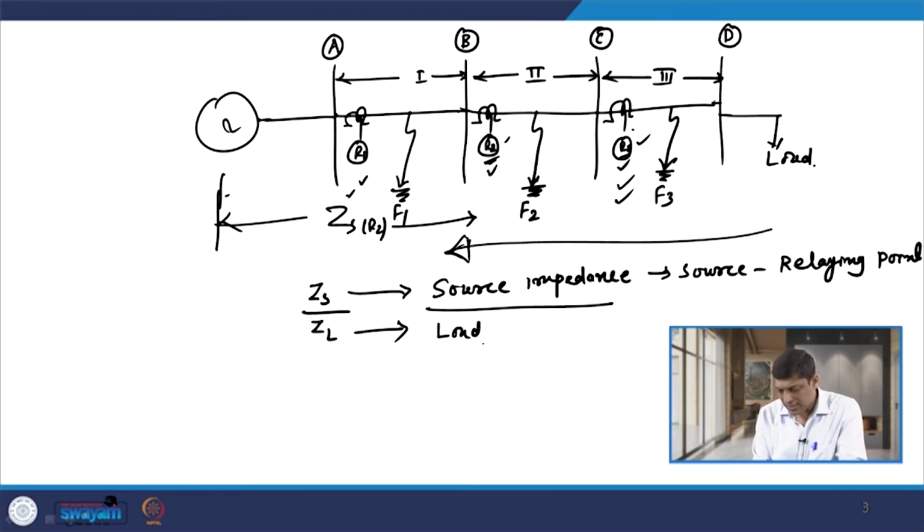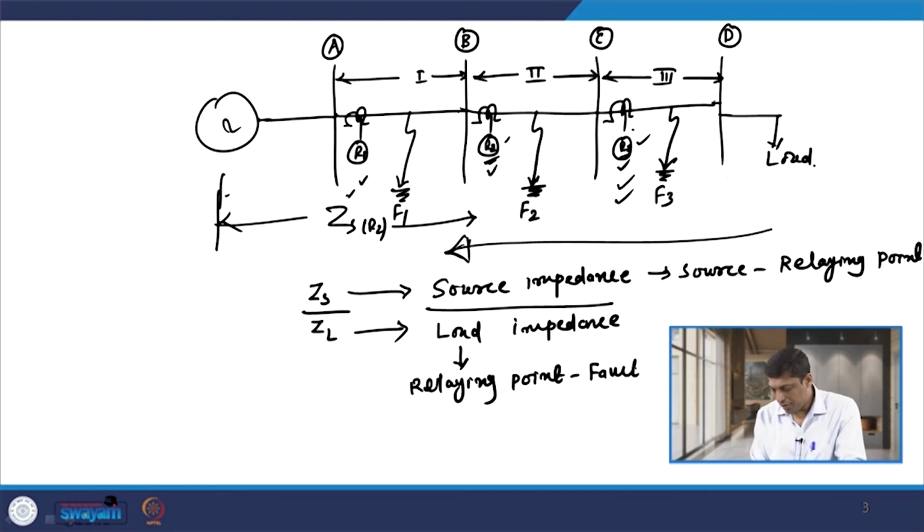ZL is known as the load impedance, and it is the impedance from the relaying point to the fault point. So, if I consider fault F2, then for relay R2 the ZL is like this.